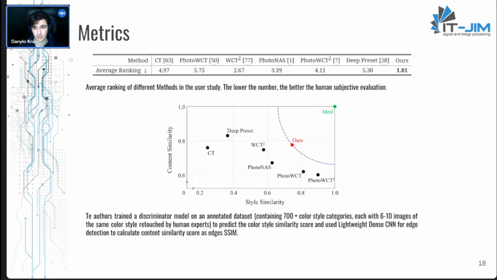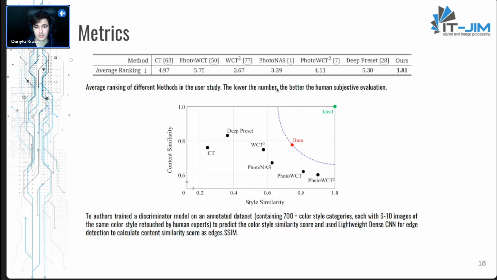So about metrics, there are basically three metrics. The first one is the user study. The authors invited 58 users and asked them to rank results of different color transfer models.